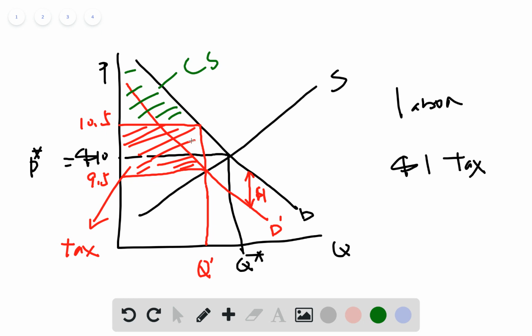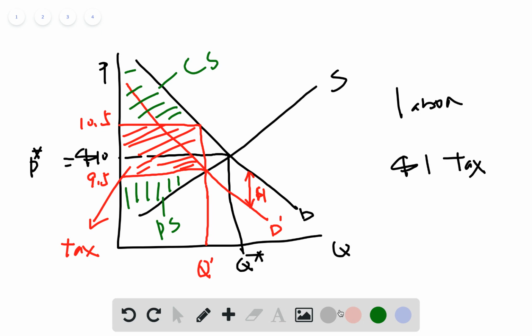Because that is really what the consumer gets. So for the consumer, actually for the firm, right? And this area will be the producer surplus. So actually, in this case, producer surplus means what is really received by the workers.